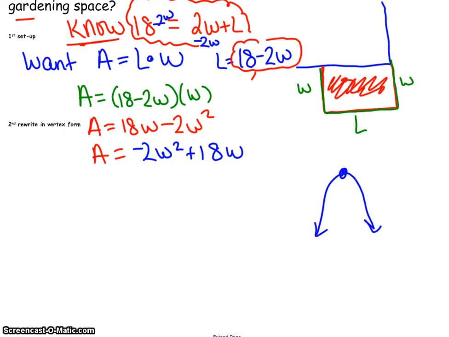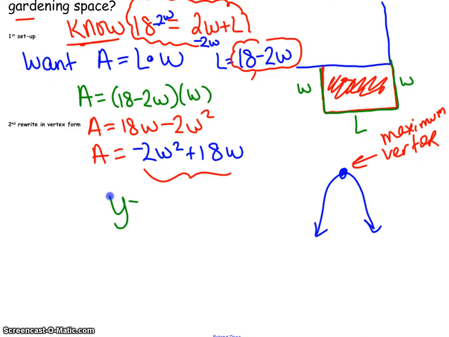What is it referring to? The vertex. How can I find the vertex of this problem? If I rewrite it in vertex form, it's easier to find the vertex. How do I write it in vertex form? You have to complete the square.